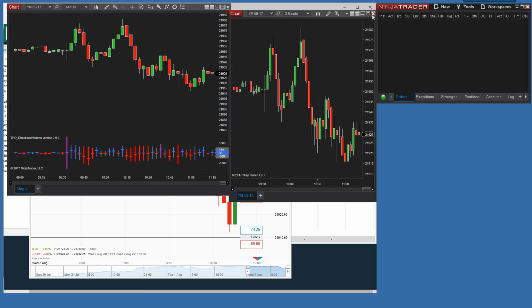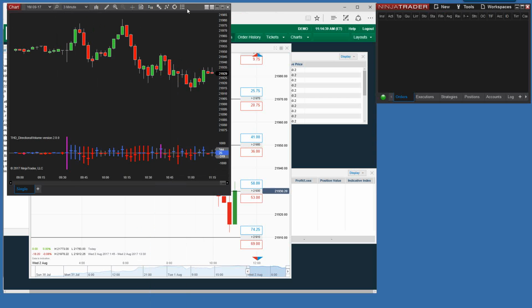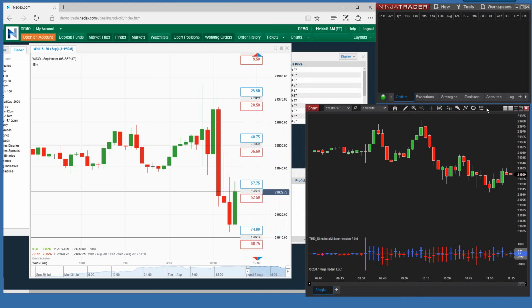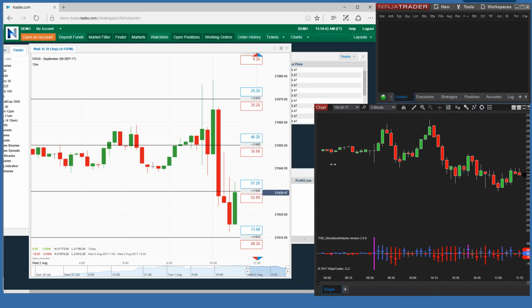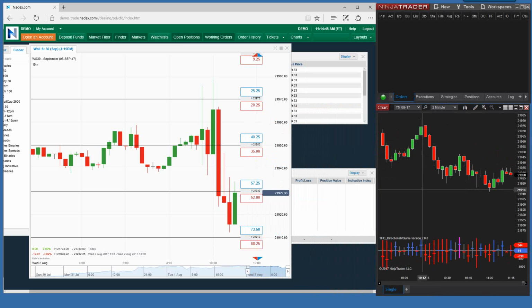All right, so I'm going to get rid of this one, and I'm going to bring this one back over here. Now, one of the main reasons a lot of traders will use the underlying is because they really want to see what the underlying is doing, because remember, this is based on the underlying.